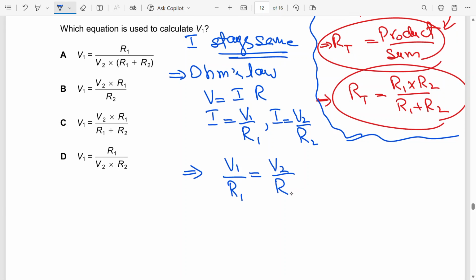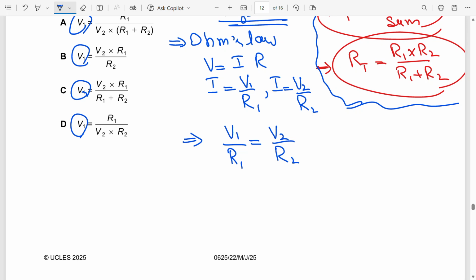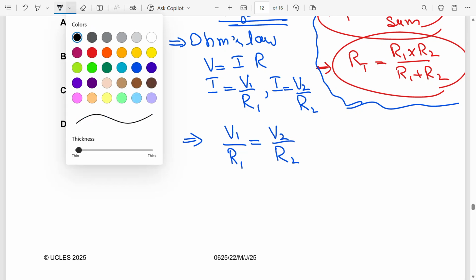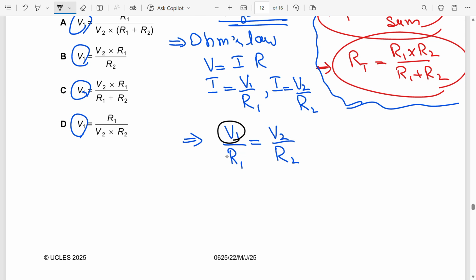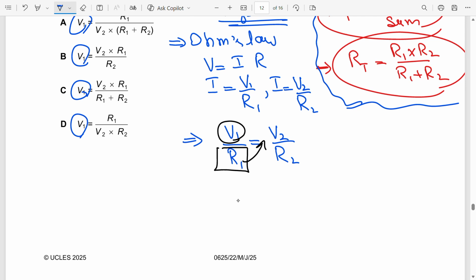So right here we have an equation related to V1, so I'll make V1 the subject. But firstly I'll check what the extra things are along with V1. R1 is the extra term. I'll move it to the right side of the equation, so V1 equals V2 multiplied by R1 divided by R2.